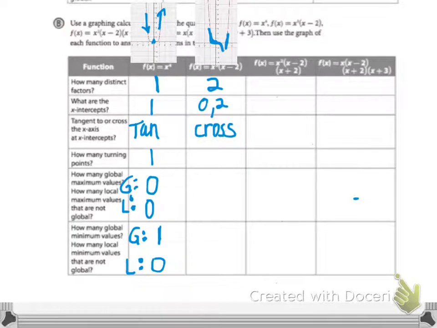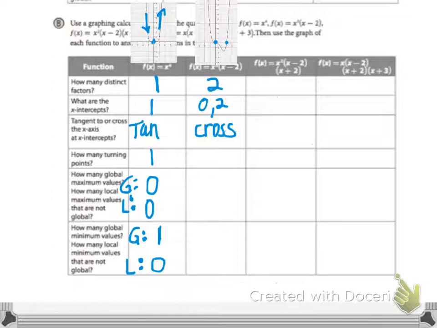That accounts for 3 solutions, which makes sense because that 0 comes from x to the 3rd power, and then the x minus 2 counts for 1 solution. We're going to talk more about that down the road, but for now, you just need to know that they both cross through because they have points above the x-axis, and then after they hit the x-axis, they have points below it. So that's crossing through. They're not tangent to it. How many turning points?